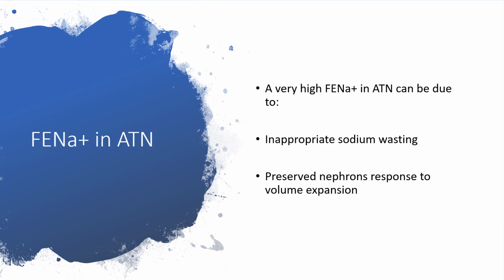In acute tubular necrosis, it's likely that you get a very high fractional excretion of sodium due to inappropriate sodium wasting or preserved nephrons that are responding to volume expansion.